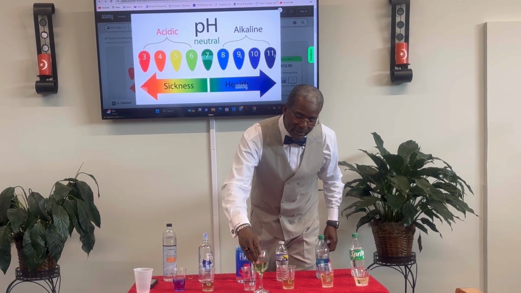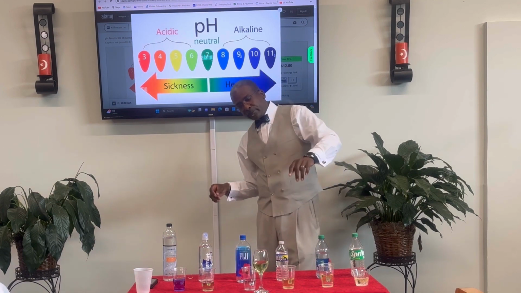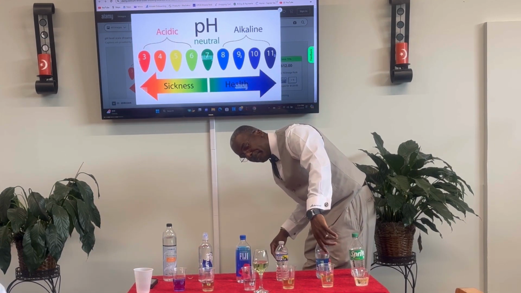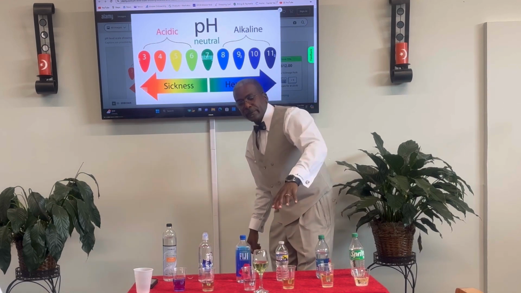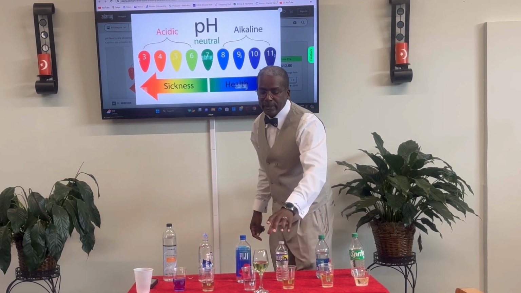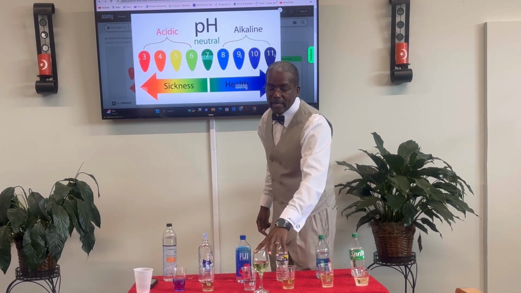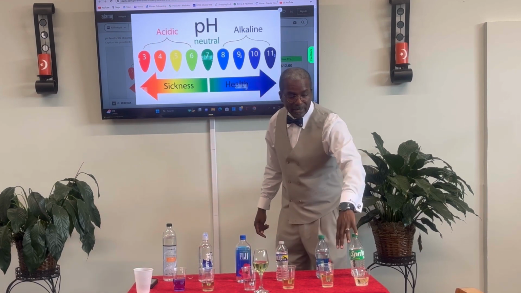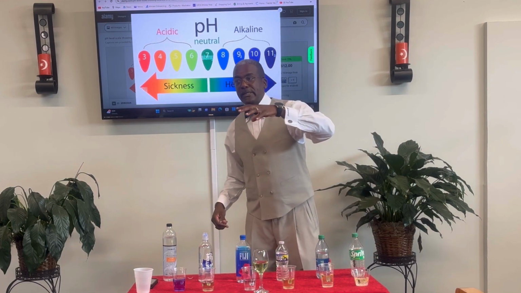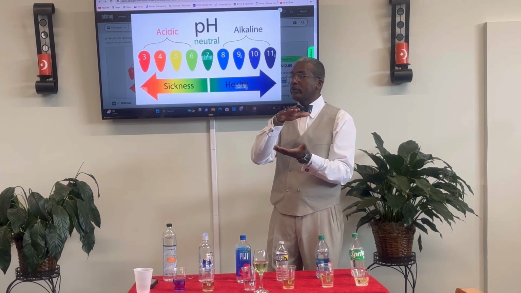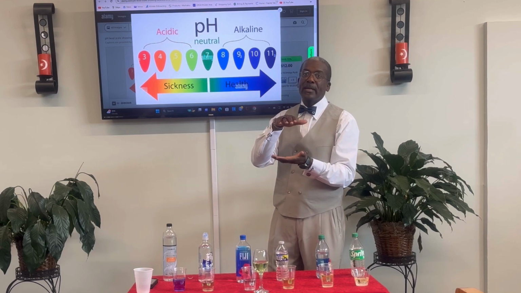Now, let me tell you about this tap water. If you look at it, it's still a little better than some of the ones that we buy at the store, in a sense. But the reason it has to be at this pH level versus really acidic is that the government requires a certain pH level in their water.